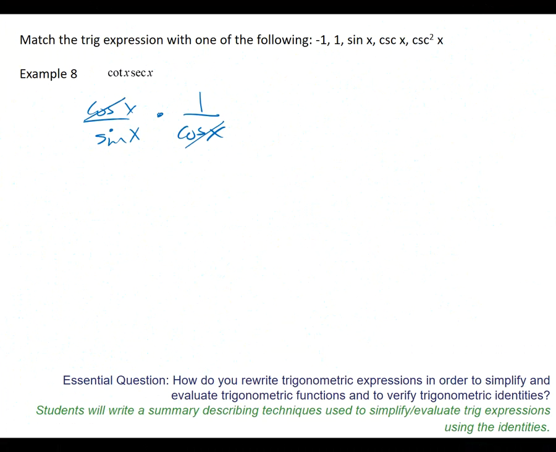How fun that was because we had to cross stuff out. Cosine converts back into cosecant? Okay. All right, we got 3 left.